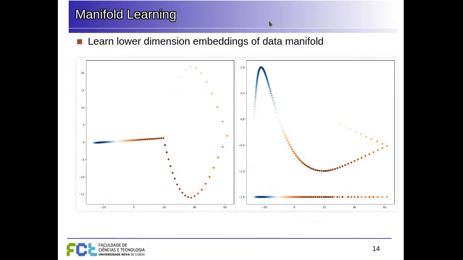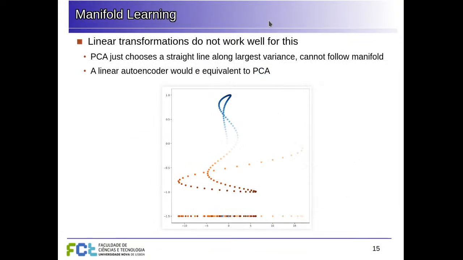So we saw in the machine learning course, those of you who had the machine learning course last semester, saw some algorithms for doing manifold learning, and one of the ways we can do this is using autoencoders. So using PCA is not very good.